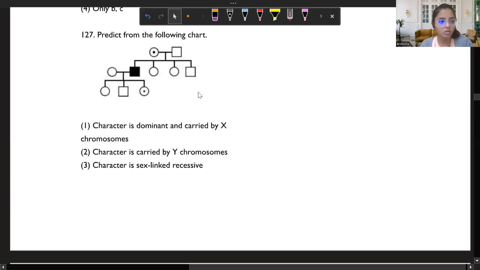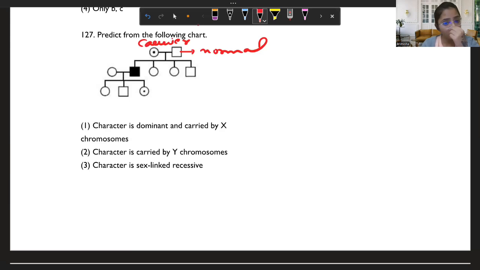Question 126. Predict the following chart. They want us to predict the characteristic of the disease being caused in this chart. Here the female is sick but not affected, that is called a carrier. The male is normal.